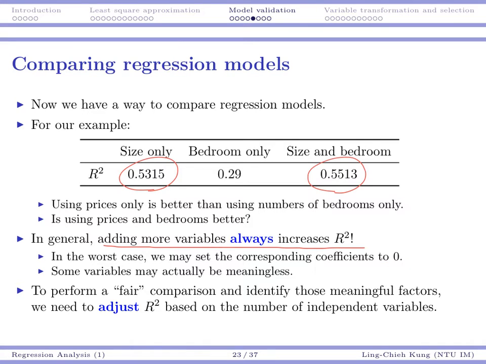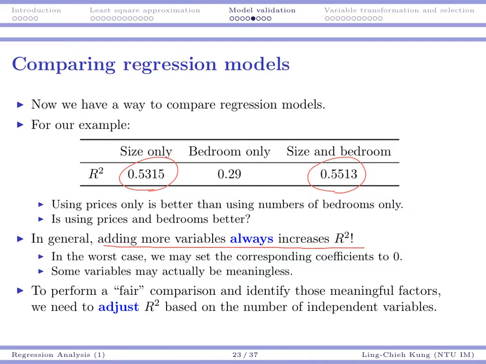Then we go back to the size only model, and we can still do as well as the size only model. Then if we are allowed to adjust beta hat 2, of course we will do better. So intuitively, when you have more variables, you must explain more variability of your dependent variable.